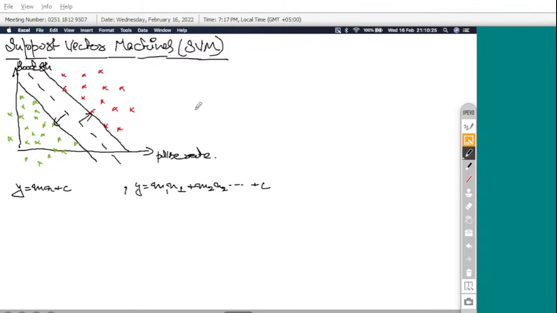Got it? How many hyperplanes we can have depends on the number of classes, right?